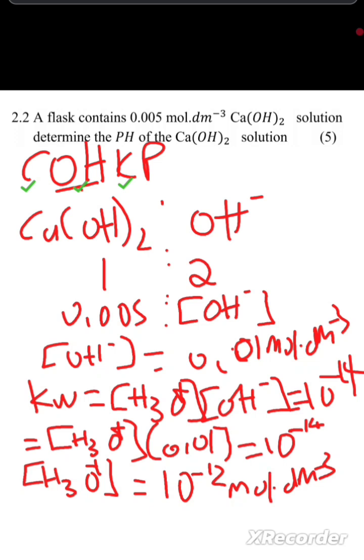Okay. So now, after getting this, we have used the Kw formula. Now what do we use? We use the pH formula. We apply the pH formula, which is pH is equal to negative log concentration of hydronium ions.